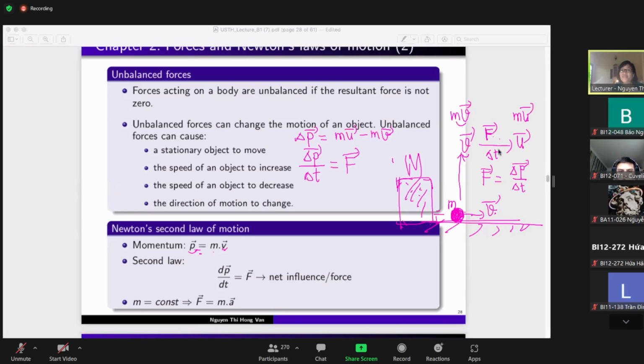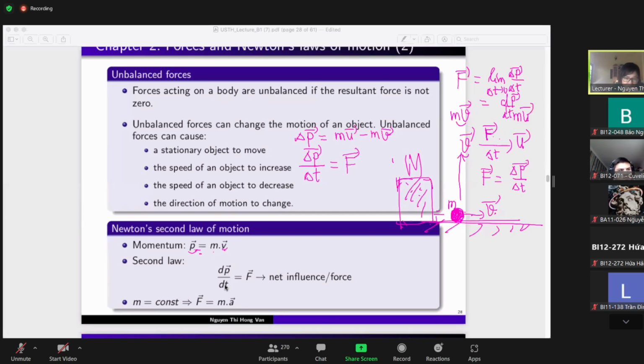And when delta T is very, very small, you have the instantaneous value. If F is the limit of delta P over delta T when delta T goes to 0, this one is a derivative, and I denote it dP over dt.